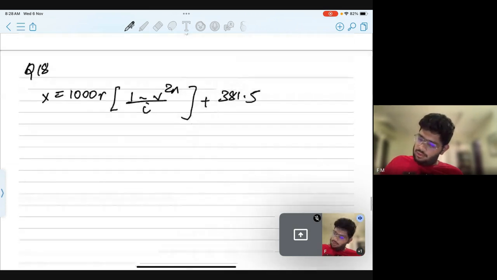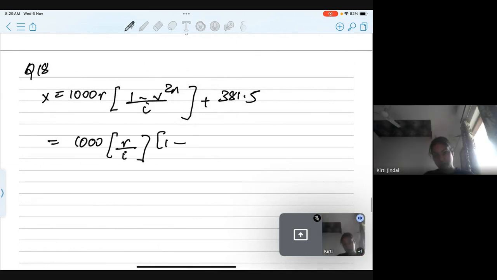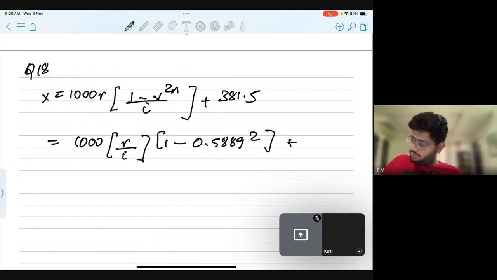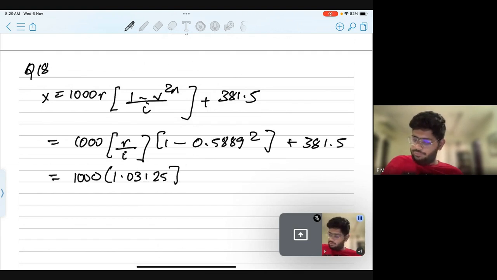Right, that is given. So it is equal to 1,000 r upon i, which is given, and 1 minus 0.5889 squared, plus 381.5, which is 1,000 times 1.03125 times 1 minus 0.5889 squared plus 381.5.